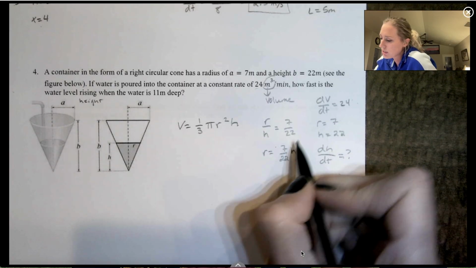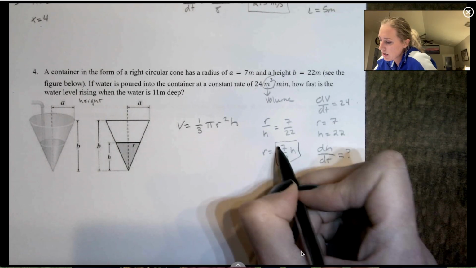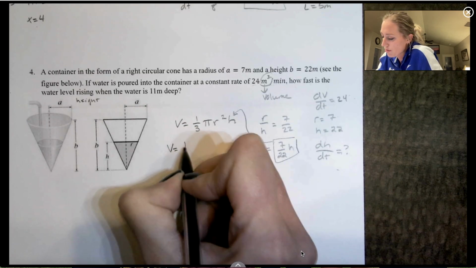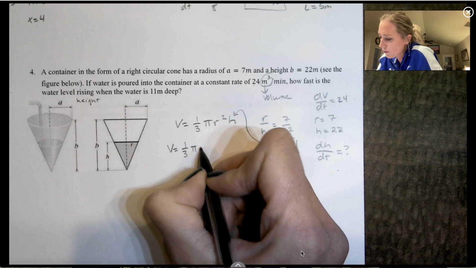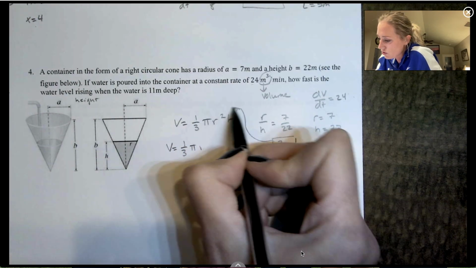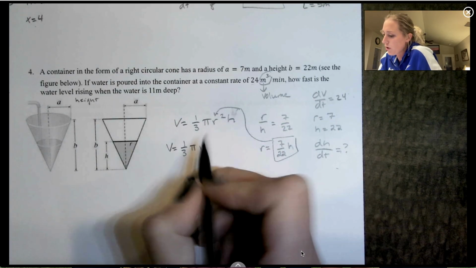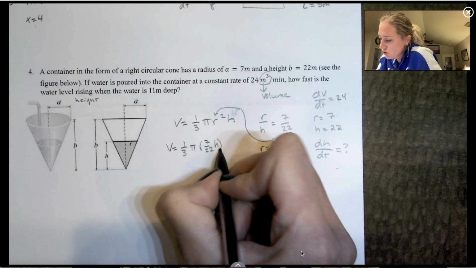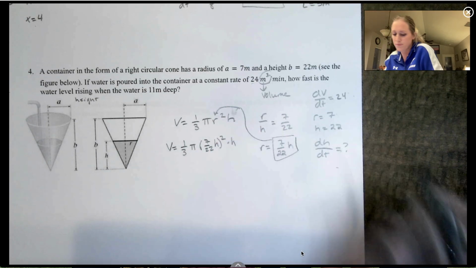So I'm going to substitute this in for r, because we just solved for r. Okay, so we're going to get 7/22 h squared times h.